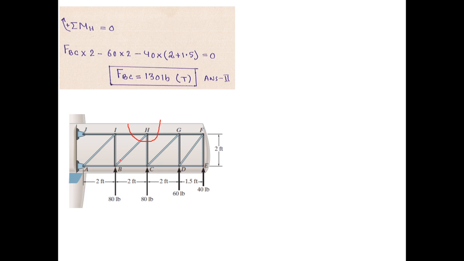Basically this section is passing through 1, 2, 3 unknown forces, in which this force is not required, this force is not required, and this force is required.